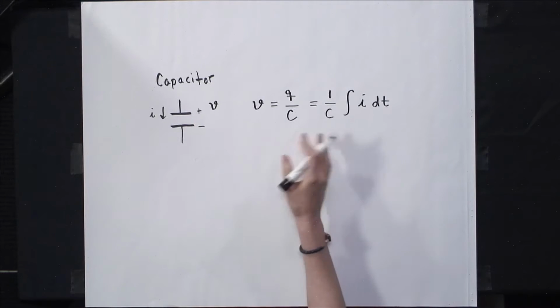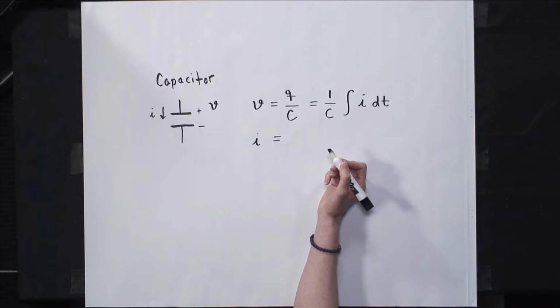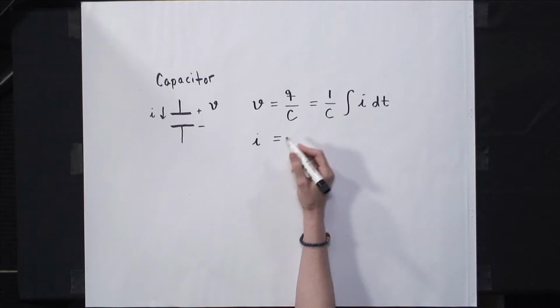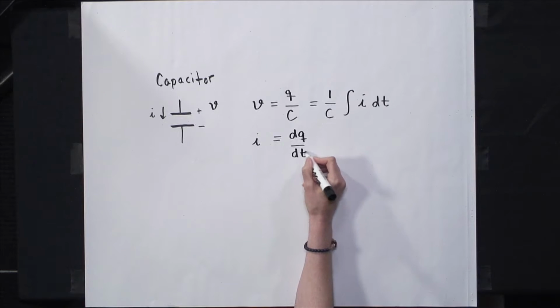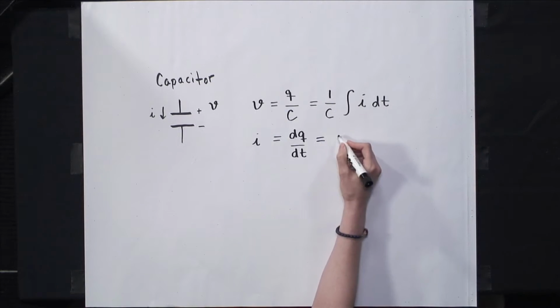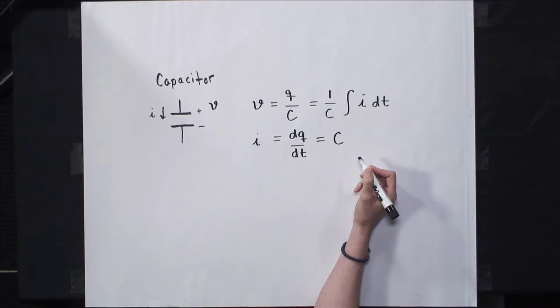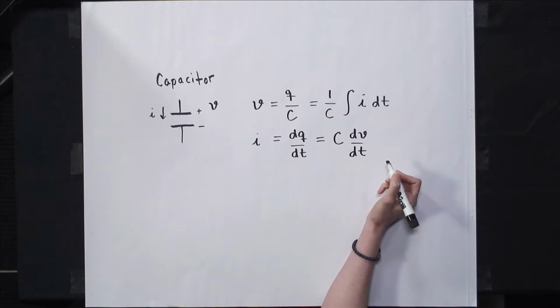We could, of course, reverse this and relate the current and voltage differently: the current flowing through our capacitor, I, is equal to the time derivative of the charge, dQ/dt, which is then equal to the capacitance, C, times dV/dt.